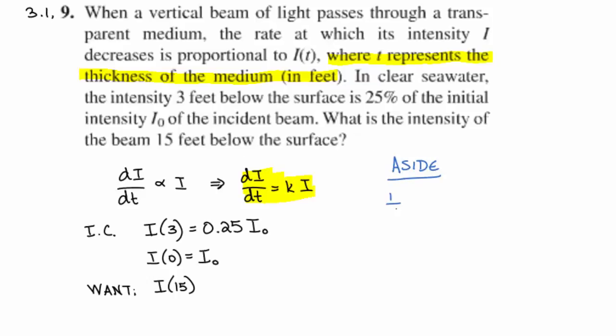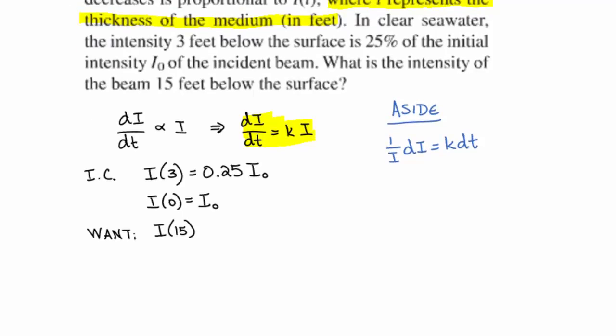So I have 1 over I dI is equal to k dt, even though technically speaking, like I said, you should know what the function I is. There's only one function that is equivalent to its derivative, or a constant times its derivative, and that's the exponential function. But we're just going to prove that here. Integrate both sides, you'll get the natural log of the absolute value of I is equal to kt.